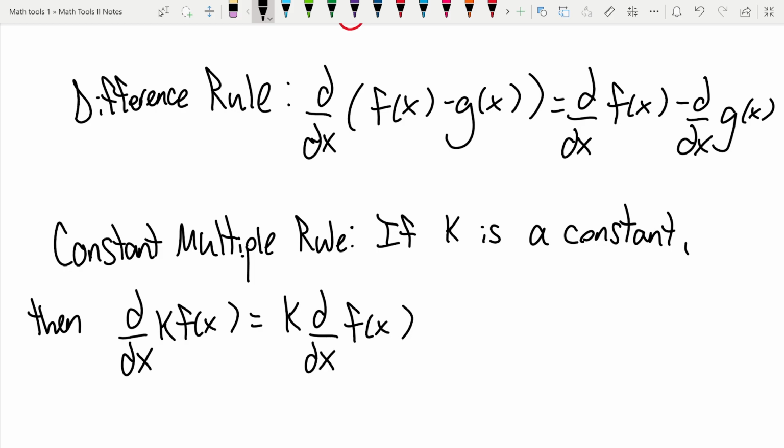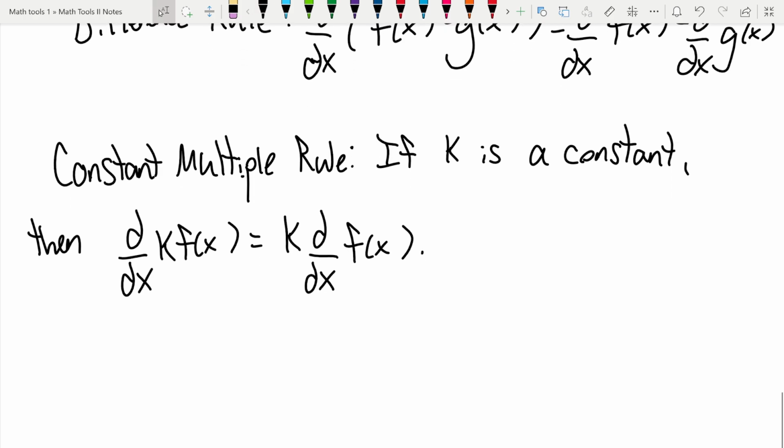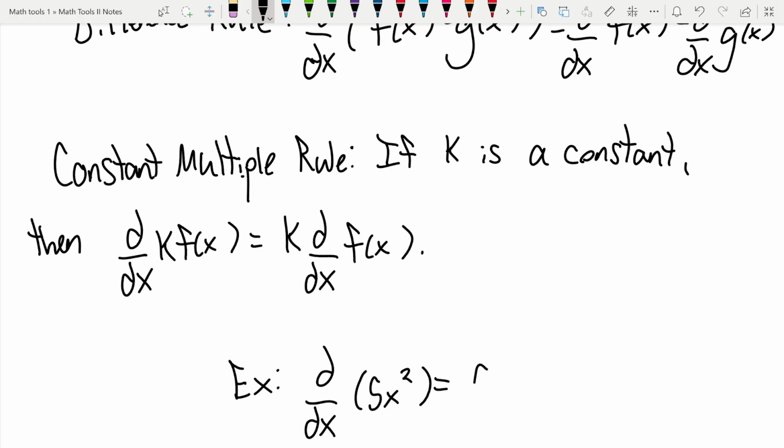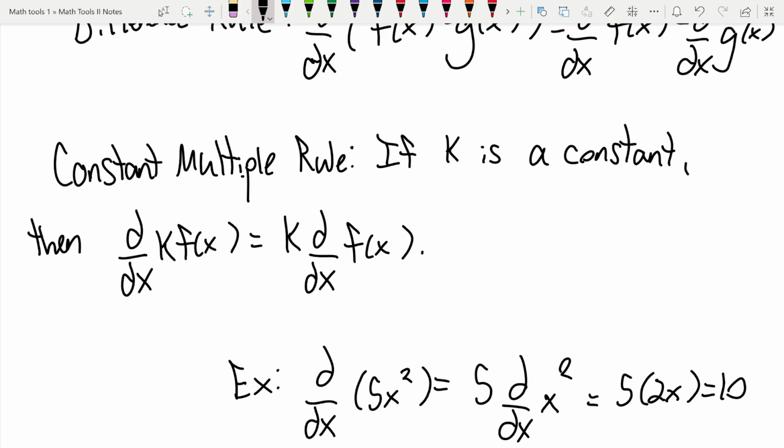So in other words, you can pull a constant out. So this is useful for things like, for example, if you take the derivative of 5x squared, you can take that 5 out, take the derivative of x squared, which is 2x, so you get 5 times 2x, which is 10x.